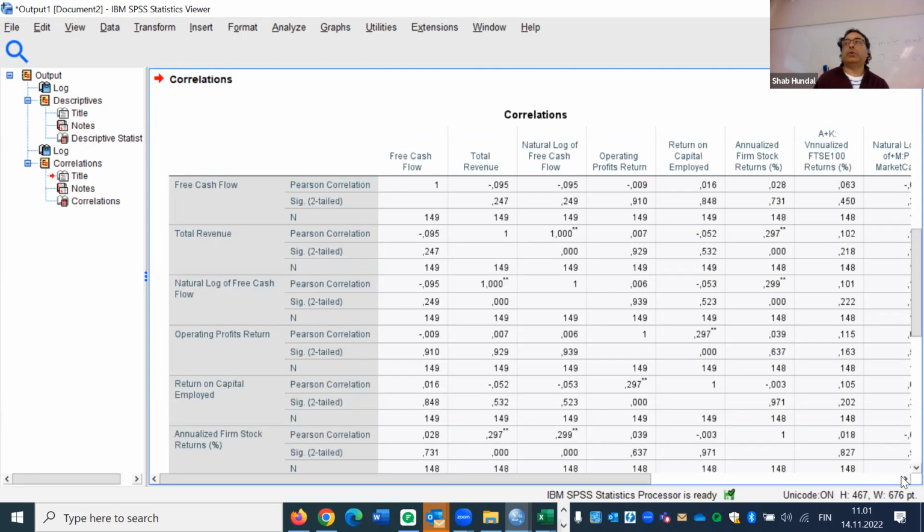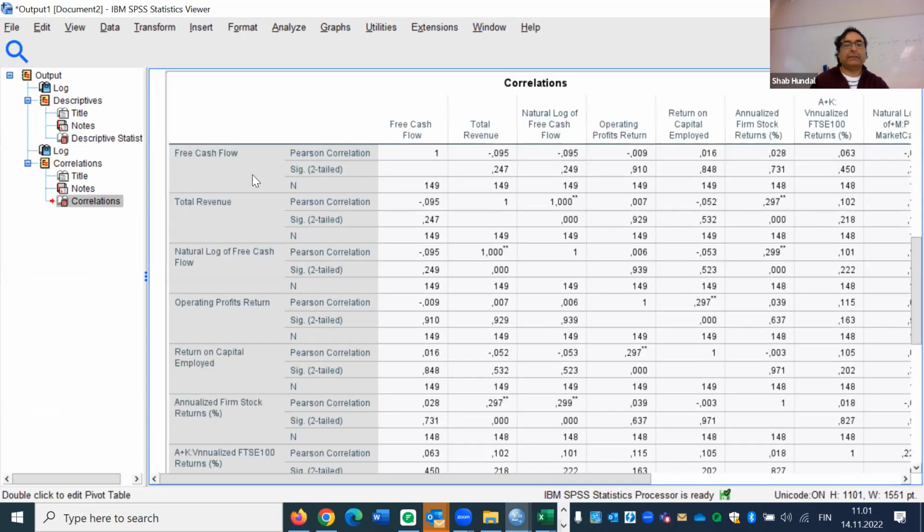And here you can find the correlation matrix. For example, the variables are row-wise and the variables are column-wise. The correlation between free cash flow and free cash flow will be 1, itself. But look at this, the correlation between free cash flow and total revenue is minus 0.95.